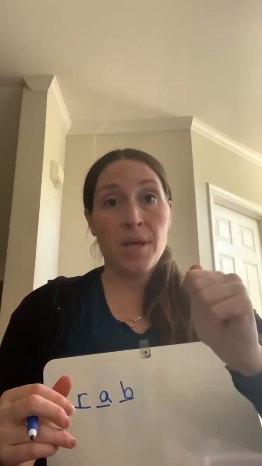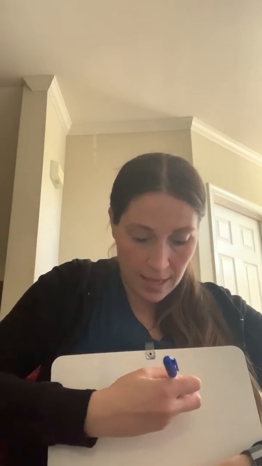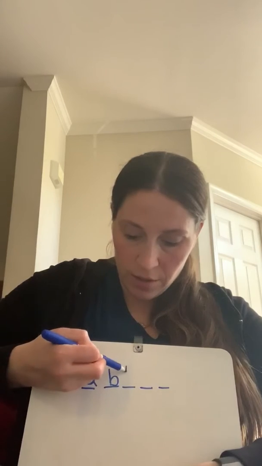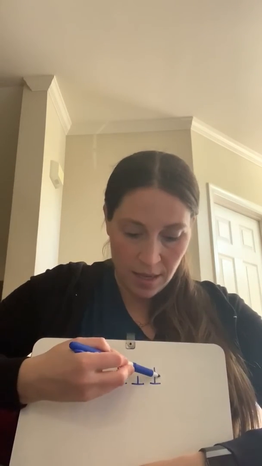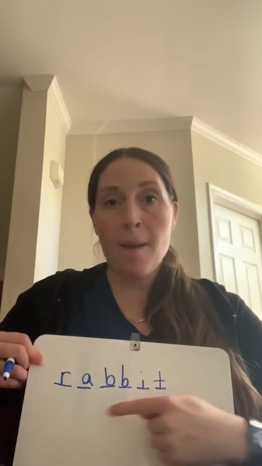So again, b, it, or b, it. And then write the sounds you hear. So B is a B, I is I, T is T, and then you have rabbit.